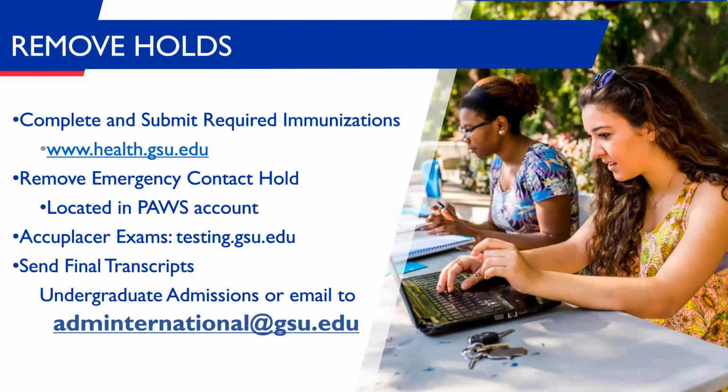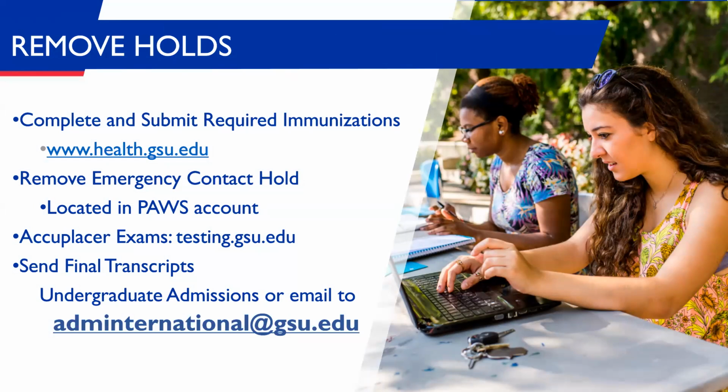The holds are there to make sure students have a reminder, saying, hey, don't forget to add your immunization. So in the United States, and I think most countries actually, they require anybody from K to 12, if you go to any public school or any educational institution, to complete your immunization. So go to health.gsu.edu.